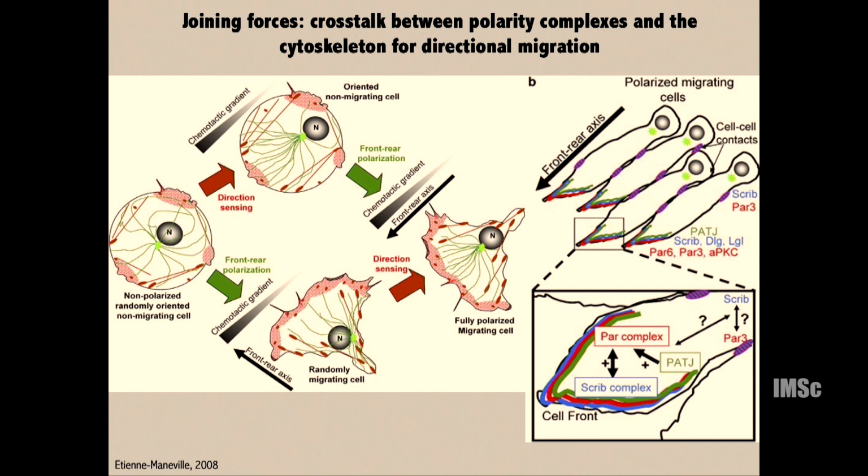So there's symmetry breaking from something that was not polarized to something that becomes very polarized, as you will see from the polarized distribution of a whole host of proteins. That also helps generate the force asymmetry between the front edge and the trailing edge.